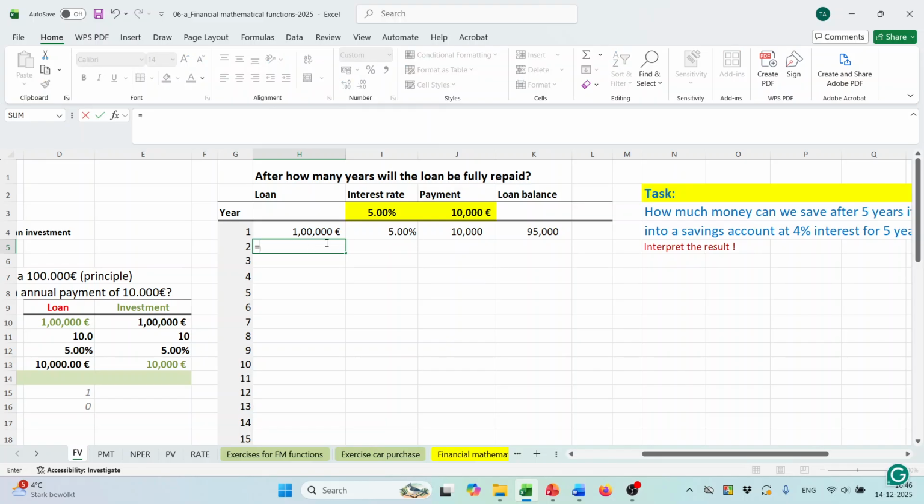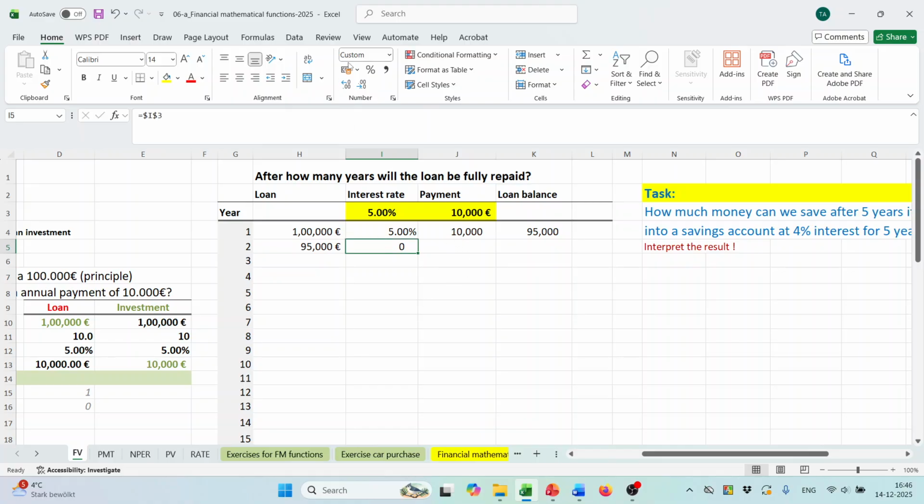So it will come in the second year. Now the interest will be calculated on this loan. The 5% is the same for every row, so I can fix it.